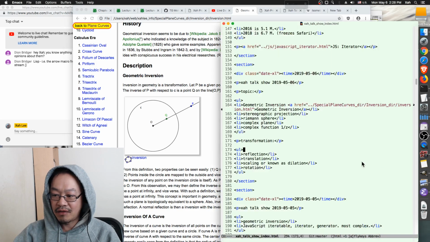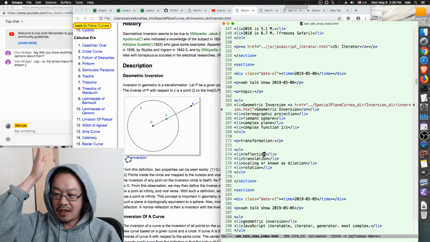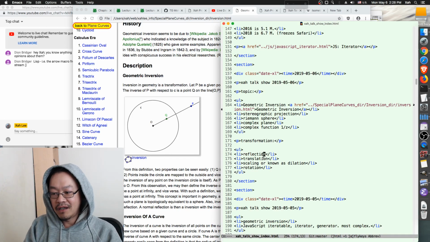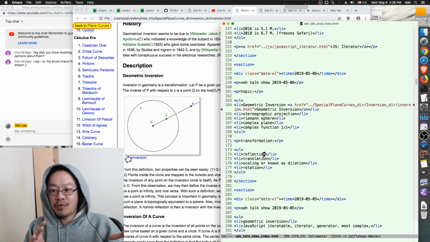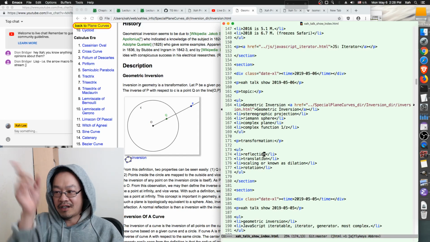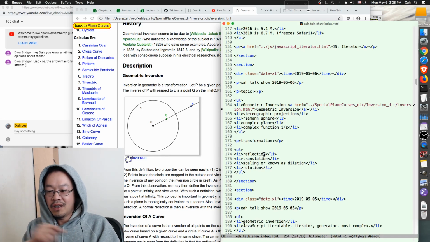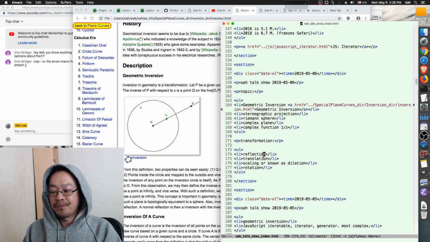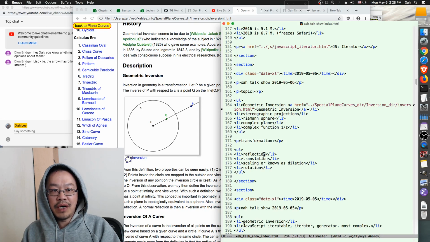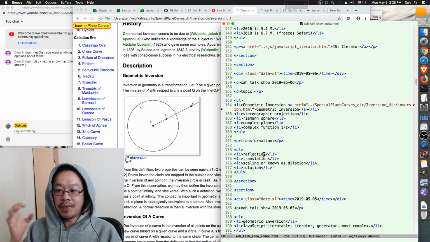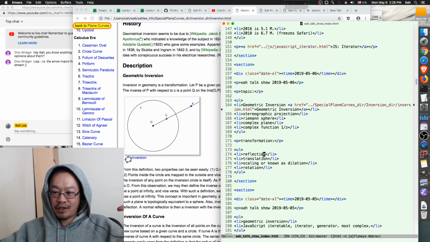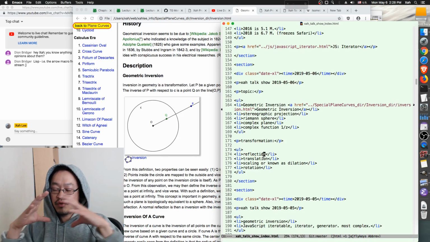Just like when you have a reflection, it's always with respect to a given line. And translation is always with respect to a vector, like a direction in horizontal axis and vertical axis. And scaling is always with respect to a number, like how much you want to zoom in or how much you want to zoom out.